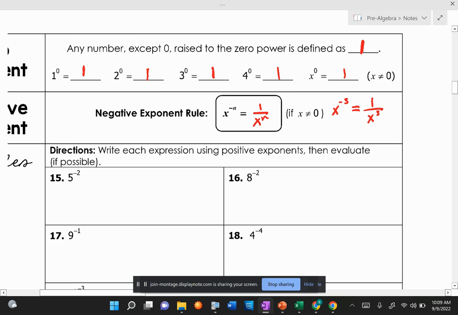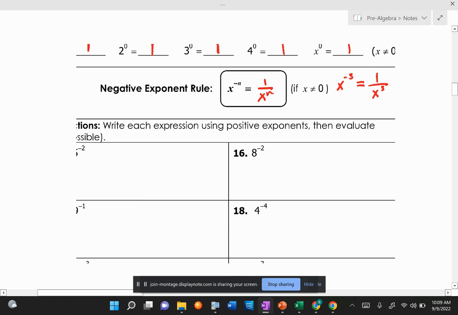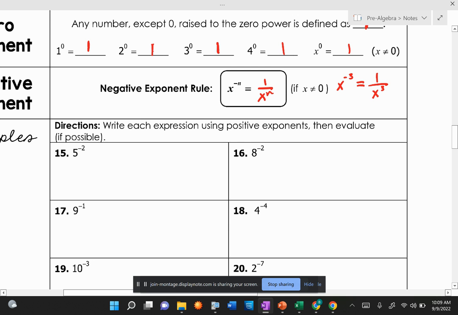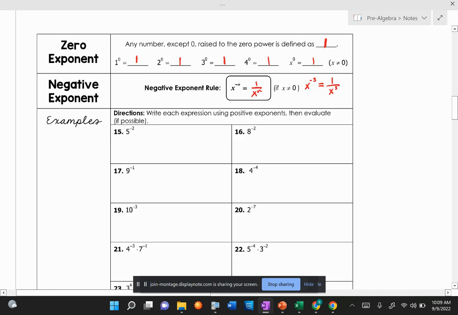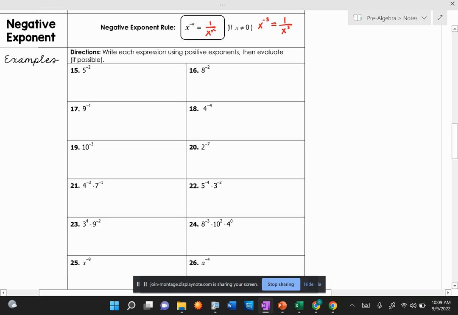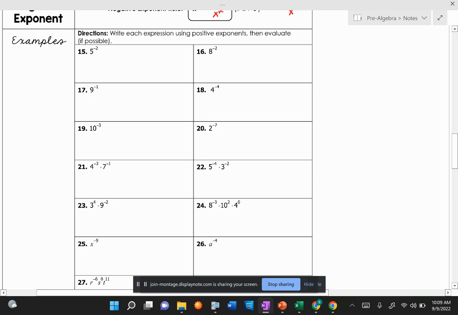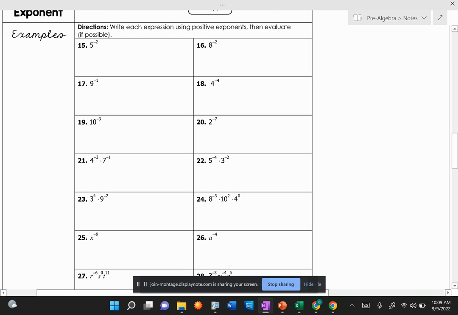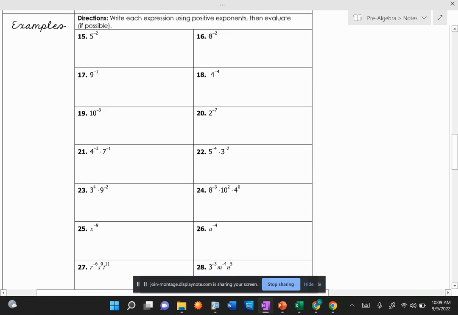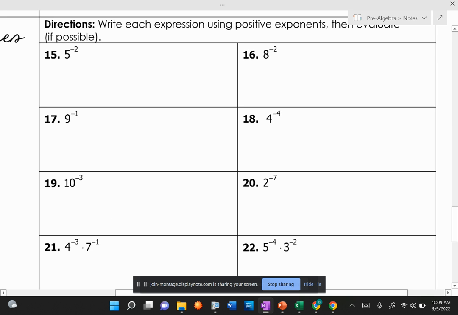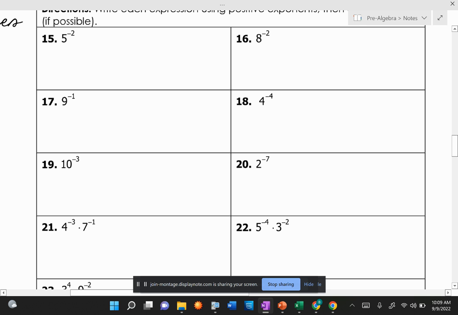Looking at the few rules that we've talked about, I would like for you to do not all of these, we'll just do the odds. Odd numbers for the rest of your notes, odd numbers for your homework.